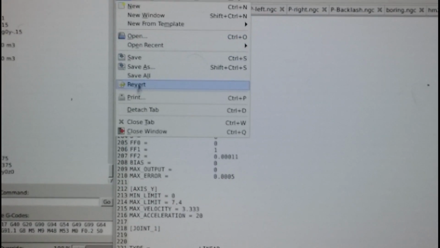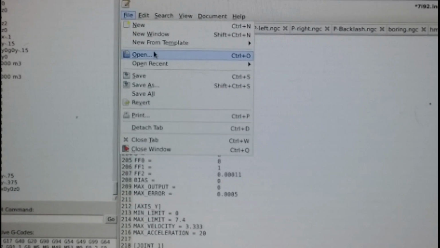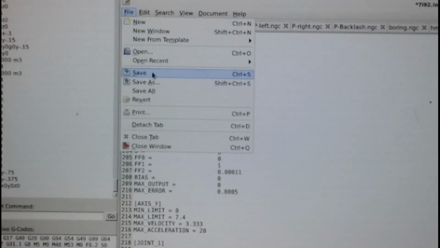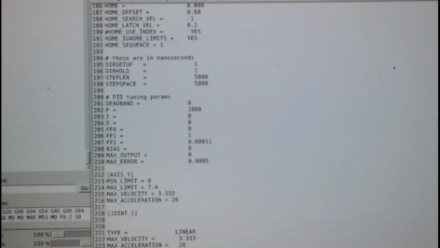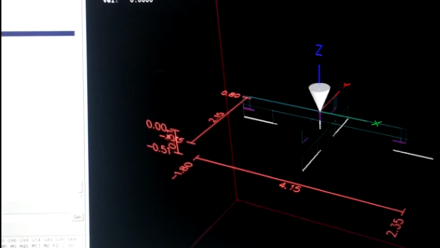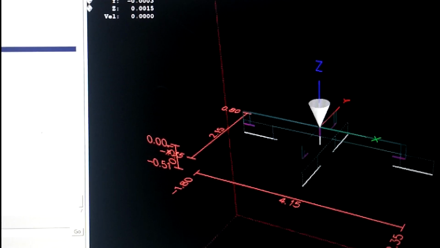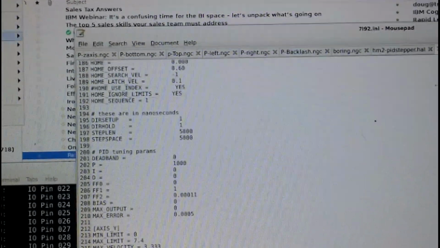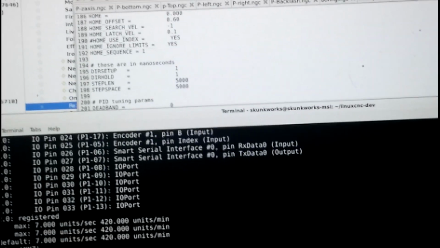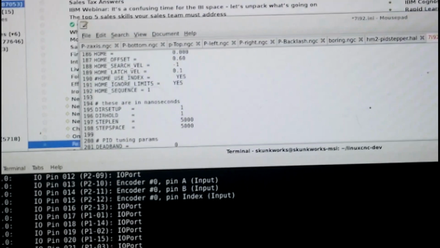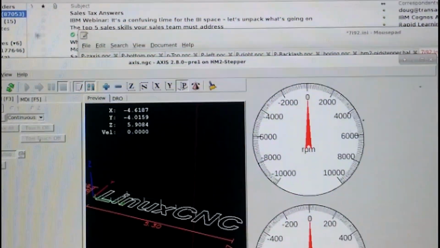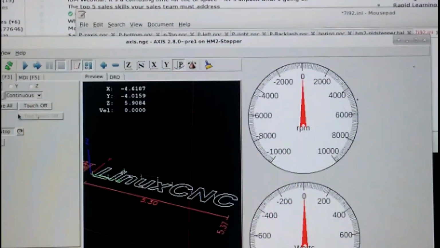So it's always good to get rid of backlash, but you know, sometimes that just isn't economically feasible. So I'm going to get out of LinuxCNC and restart it. Oops. And home it.